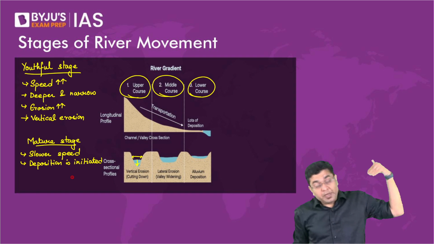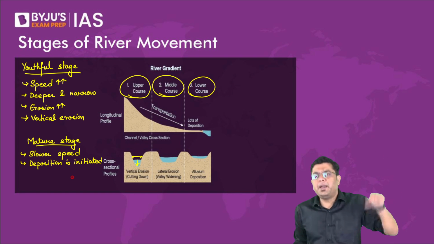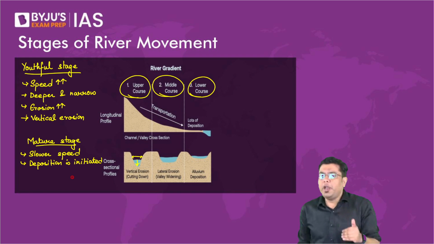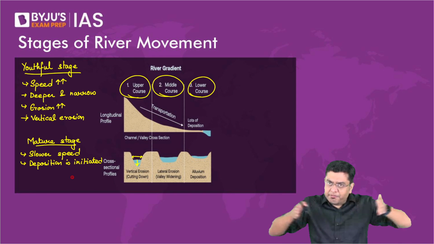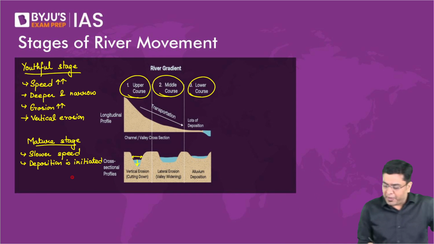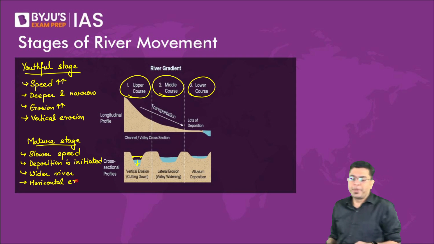Earlier the speed was significant and it was falling down under the influence of gravity, so it was getting deepened and deepened. But now that falling down is not happening, it is moving with a slighter speed. So that is why the widening of the river will take place. So here you have a wider river because of horizontal erosion or lateral erosion as it is referred to.